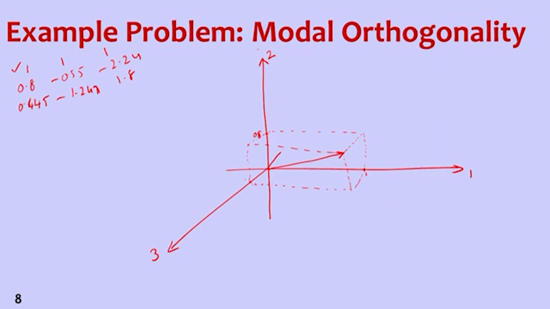Then the second mode. In the first coordinate it is 1 only, but in the second coordinate it is minus 0.55, and in the third coordinate it is minus 1.2. So what does that mean?